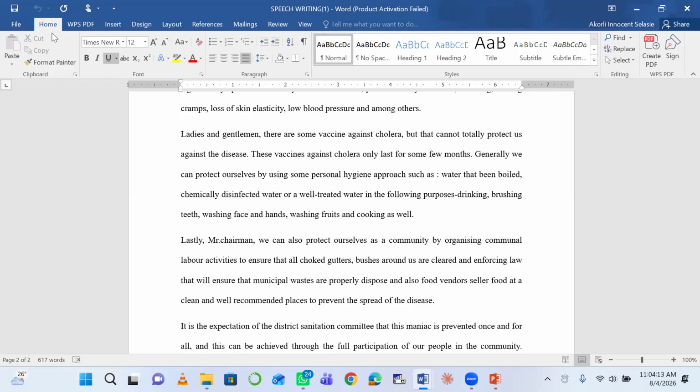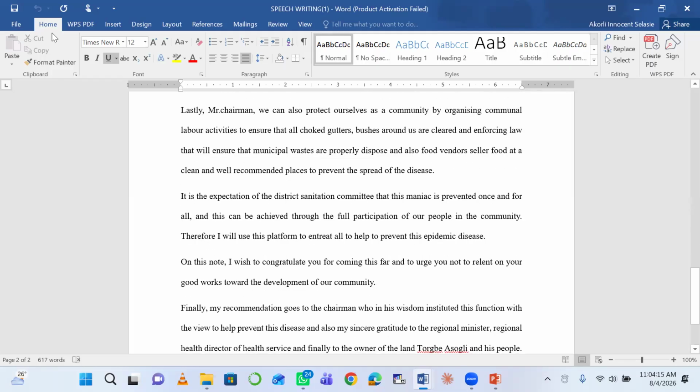Lastly, Mr. Chairman, we can also protect ourselves as a community by organizing communal labor activities to ensure that all choked gutters and bushes around us are cleared, and enforcing laws that would ensure that municipal waste is properly disposed of, and also that food vendors sell food at a clean and well-recommended place to prevent the spread of the disease.